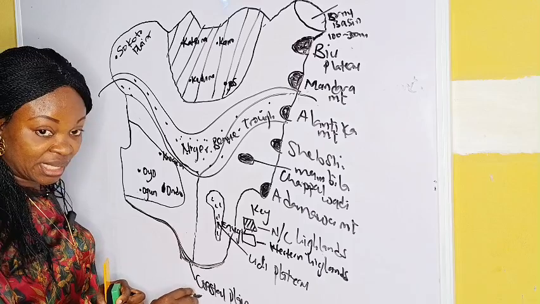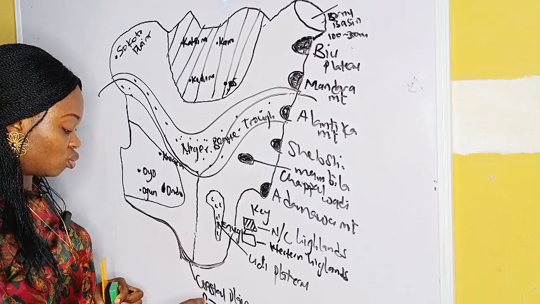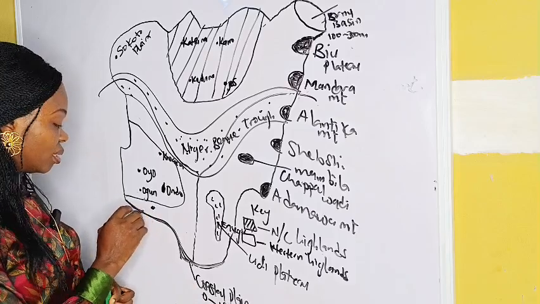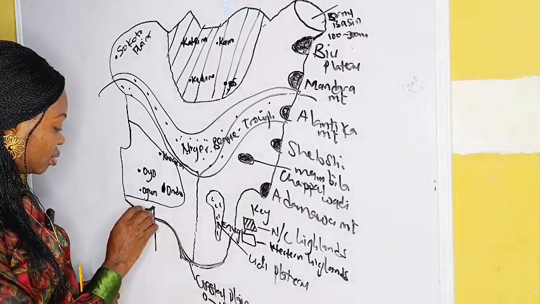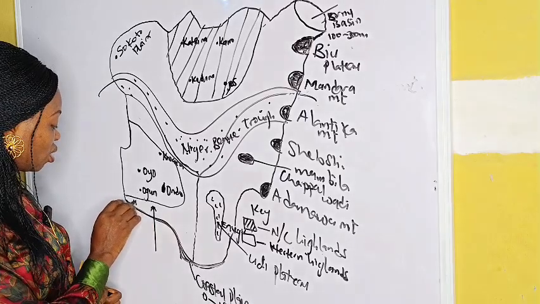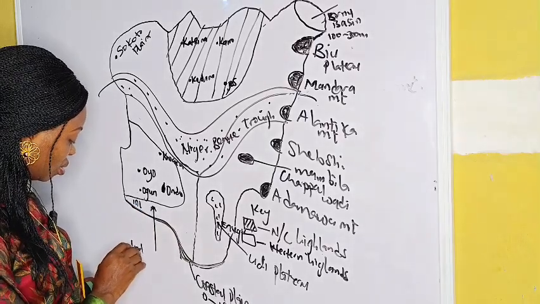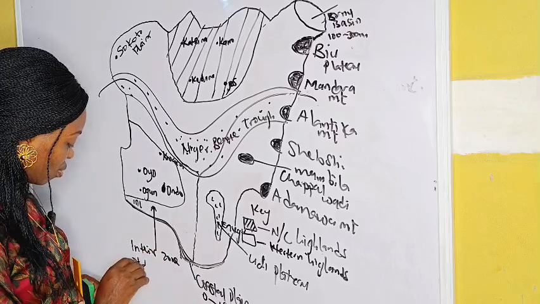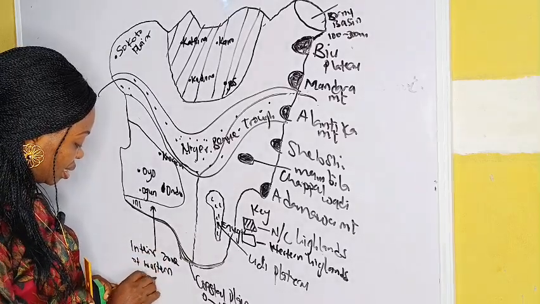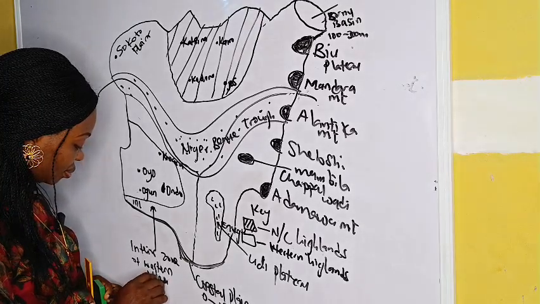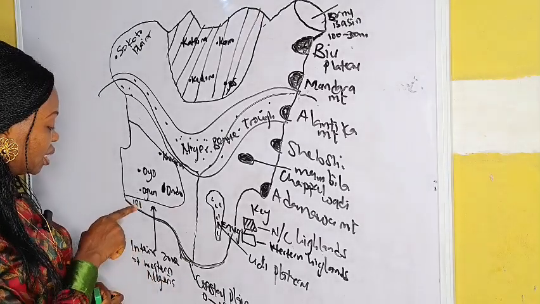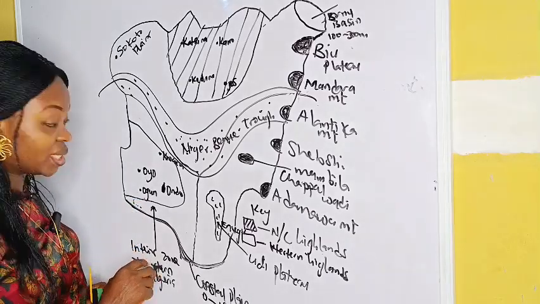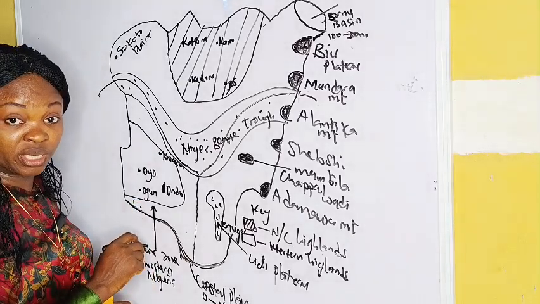And the height is 0 to 100 meters. This place is not mapped out. This is the interior zone of Western Nigeria. And the height is 100 to 300 meters.